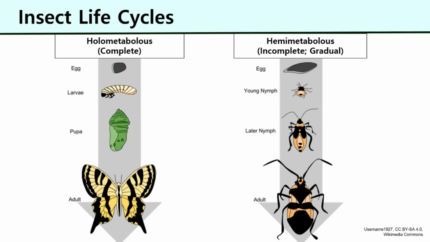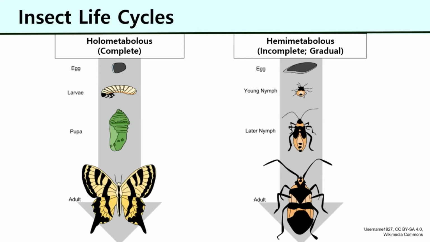So insects that have a holometabolous, also known as a complete metamorphosis, are going to go through a life cycle that includes an egg stage, a larval stage, a pupa, and then their adult stage, versus our insects with hemimetabolous or incomplete or gradual metamorphosis. They are not going to have a larval stage. They have an egg.